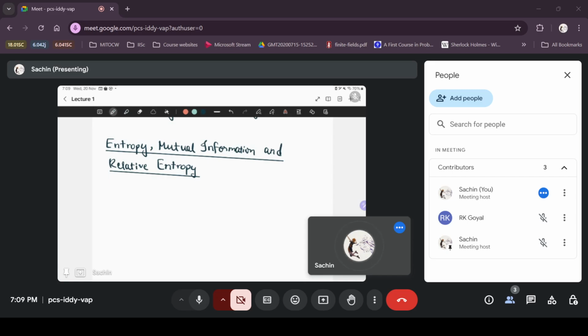But still, there will be some information. Whatever you get at the receiver side, there will be some information which is common to what is sent by the sender. So, that is measured by something called mutual information.